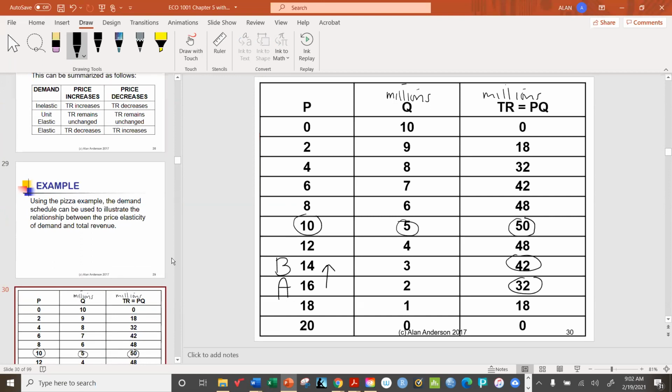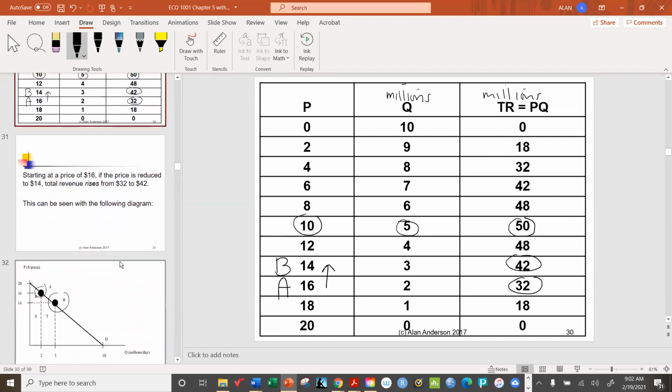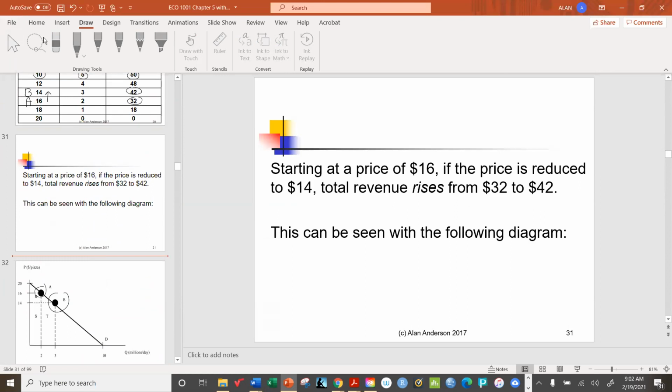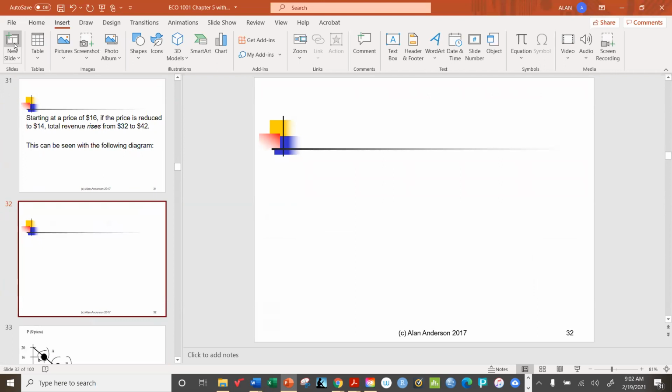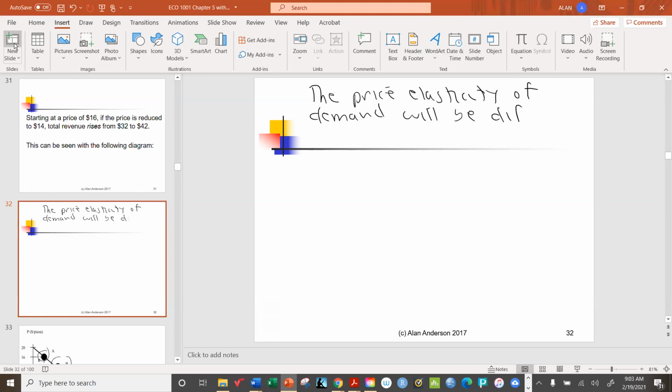Let me add another diagram here real fast. Before we go any further, it turns out, and this is a consequence of the way Alfred Marshall chose to set up the demand curve, that the price elasticity of demand will be different at different points along the demand curve.